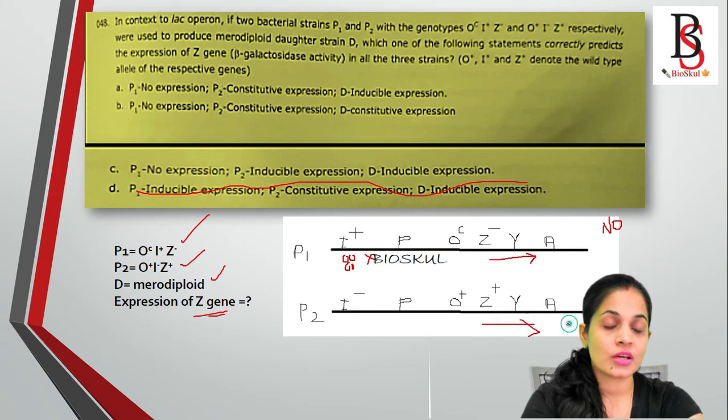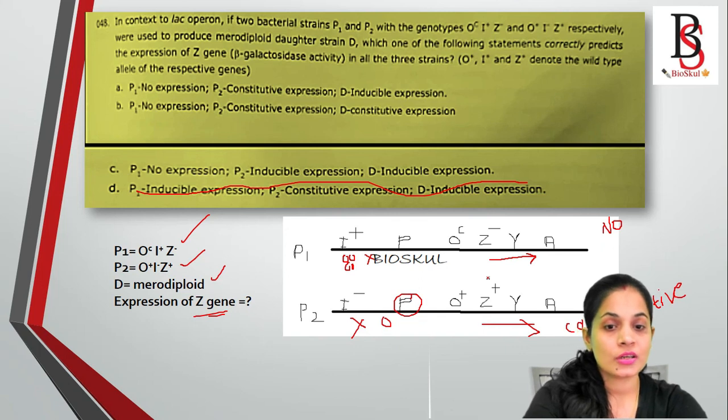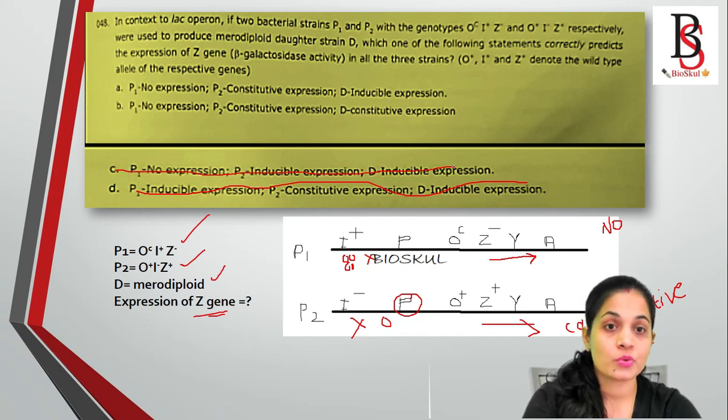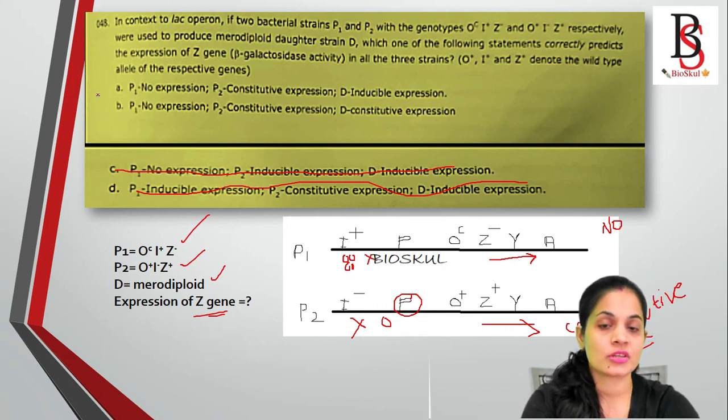Then that will lead to constitutive gene expression. So here the Z gene expression in the P2 strain is constitutive expression. Let's see the options. Okay, so let's eliminate option C, because here it is showing P2 as inducible expression. No, it will be constitutive expression. So the correct answer is either option A or option B.